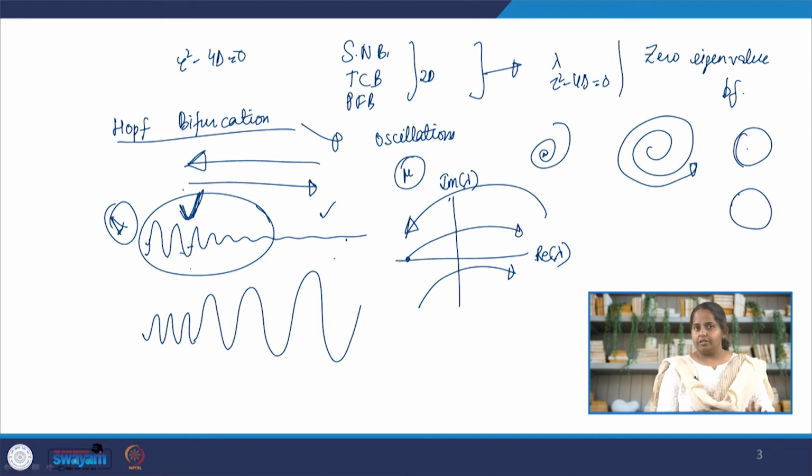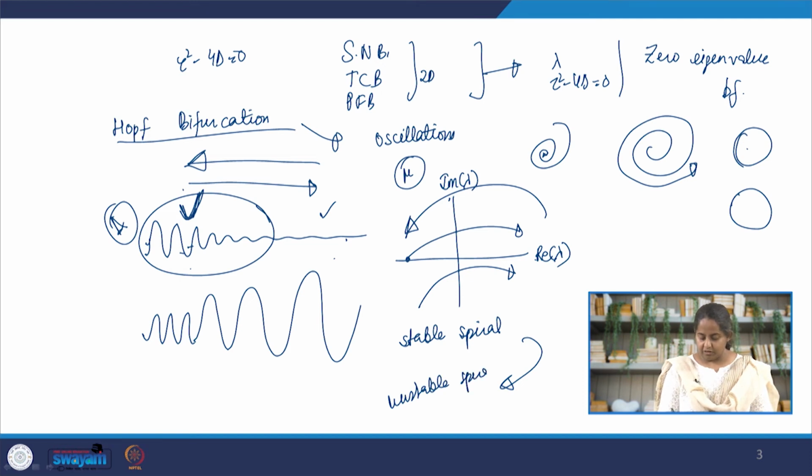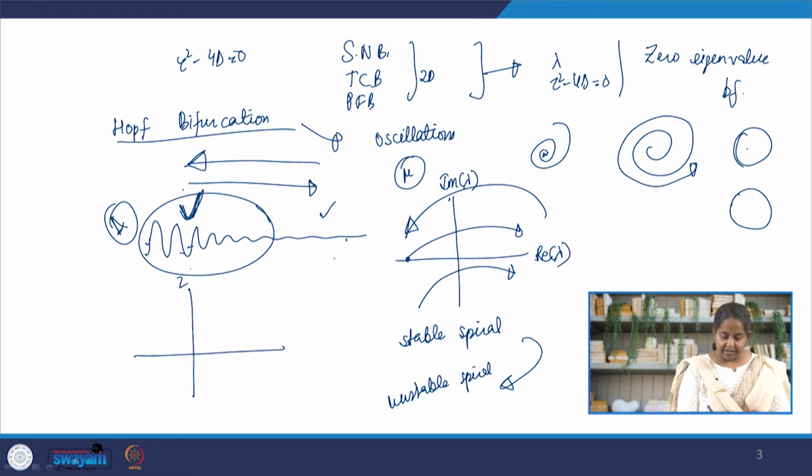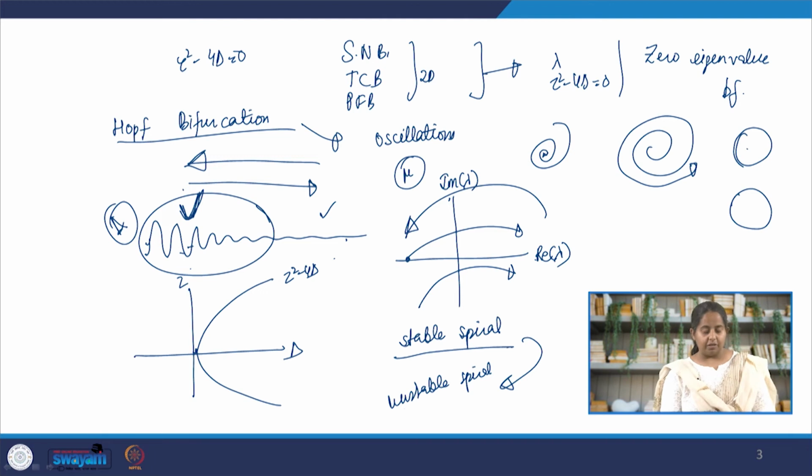Now, Hopf bifurcations can also happen when we change the stability of our oscillation. So, let us say we were a stable spiral and then from stable spiral, we went to an unstable spiral. If you look at a tau versus delta diagram, and this is the tau square minus 4 delta curve. So what is happening here is going from stable to unstable bifurcations.